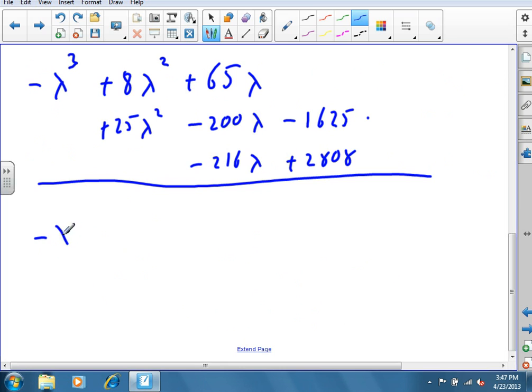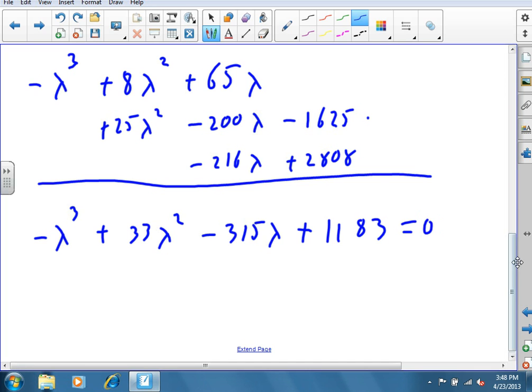Alright, so I got minus lambda cubed plus 25 plus 13, right? 33 lambda squared minus 315 lambda plus 1183 has to be 0.